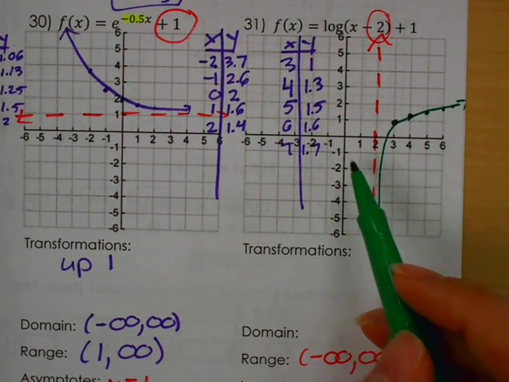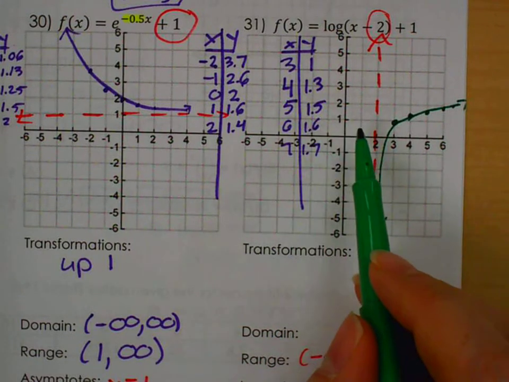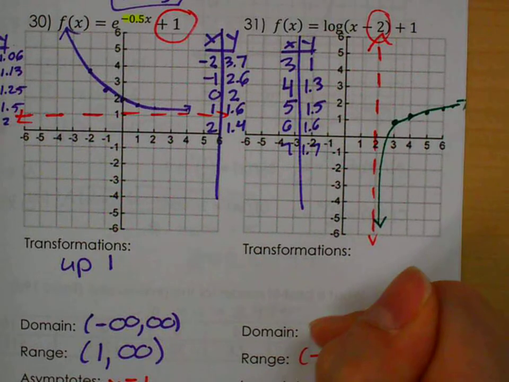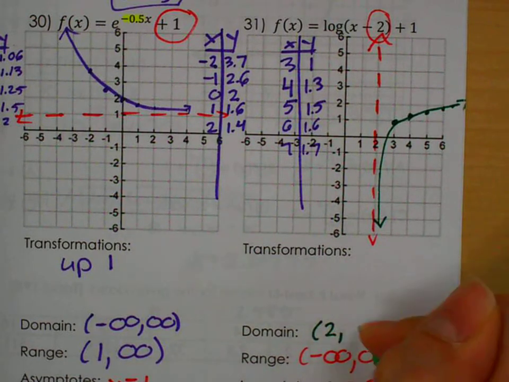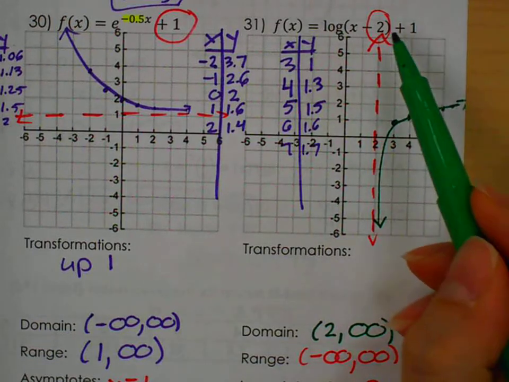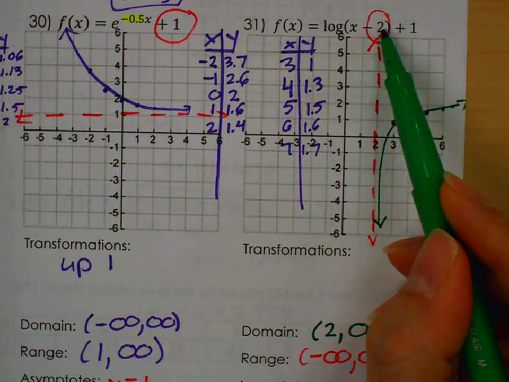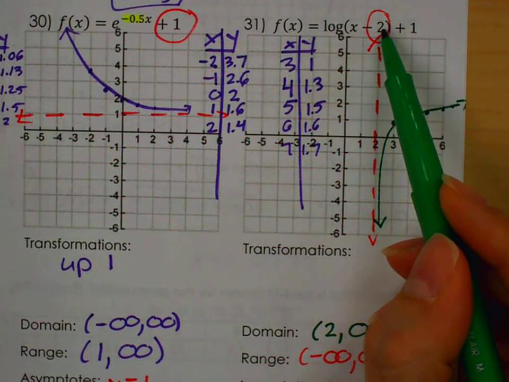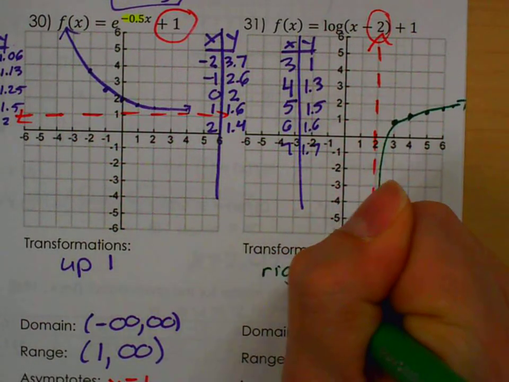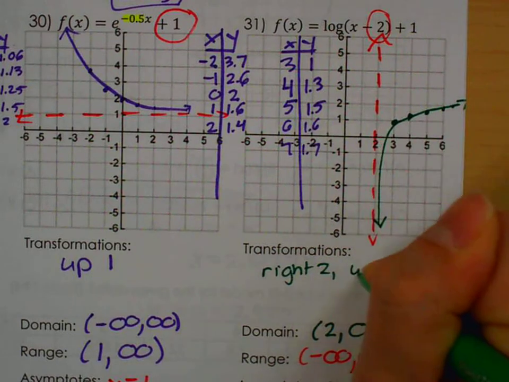My domain means my x values, and I don't have anything before this asymptote. So I start at 2, not including 2, and go to infinity. And then my transformations are this 2 and this 1. This 2 is moving it right 2, and the 1 is up 1.